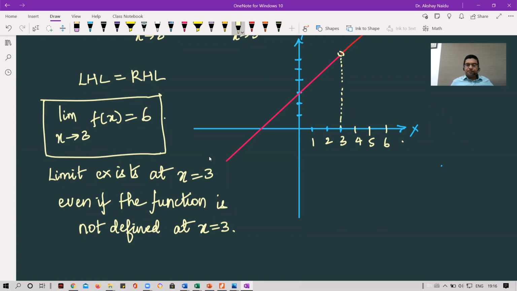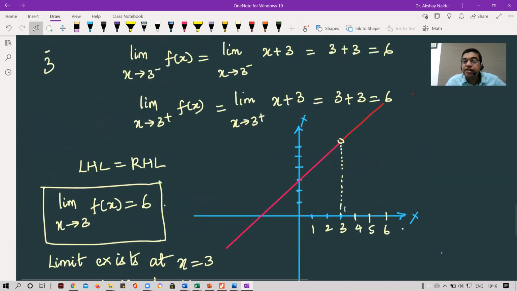Okay, what does this mean now? For a limit to be defined, it is not necessary that the function exists at that point. Why? The very concept of limit is that we are approaching that point. It is not the value at that point.